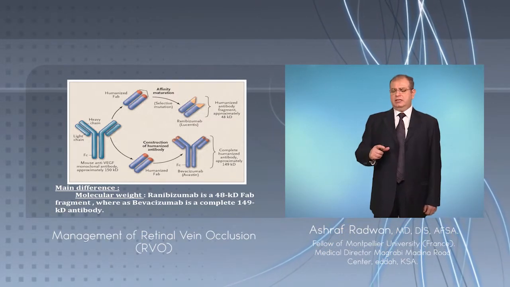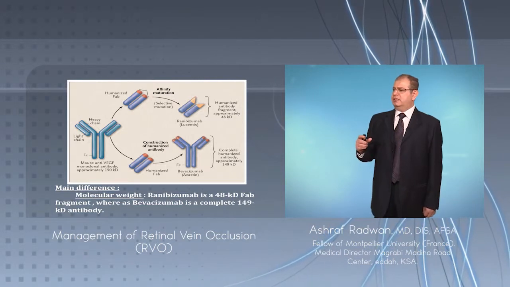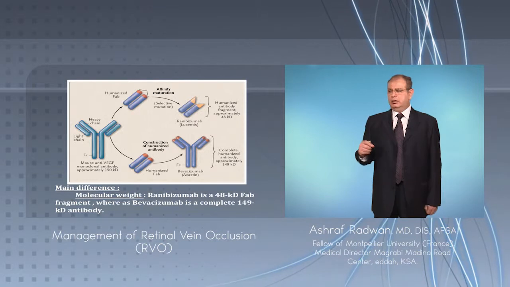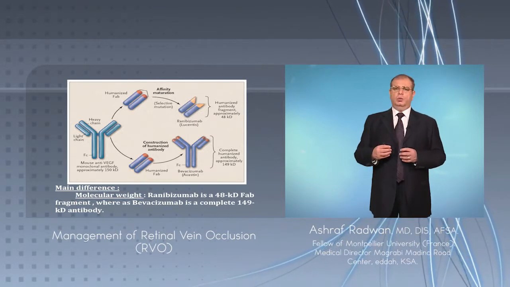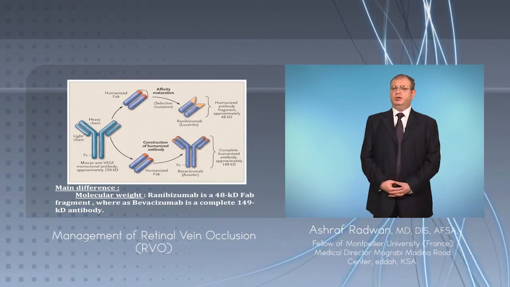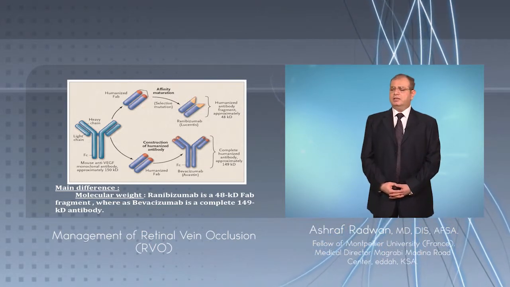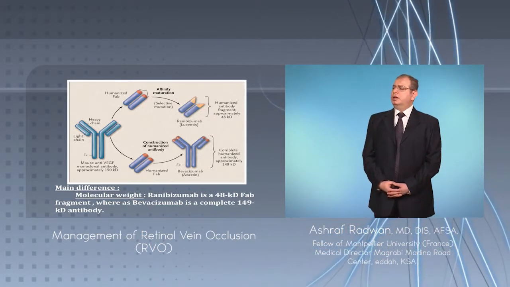So the size and the molecular weight of this antibody is 148 kilodalton, and this differentiates both of them, Lucentis being smaller in size compared to bevacizumab.